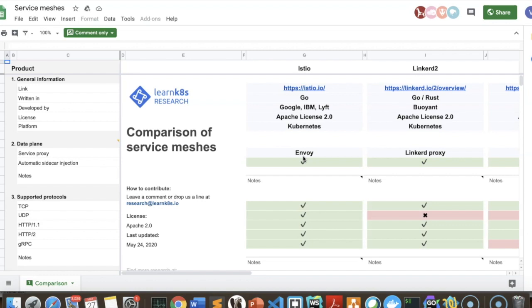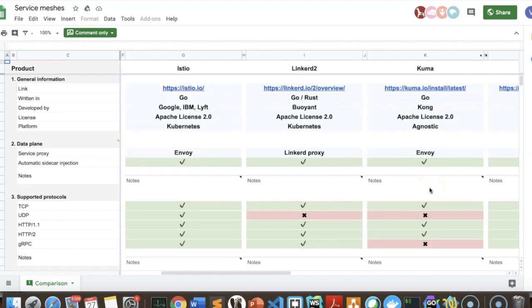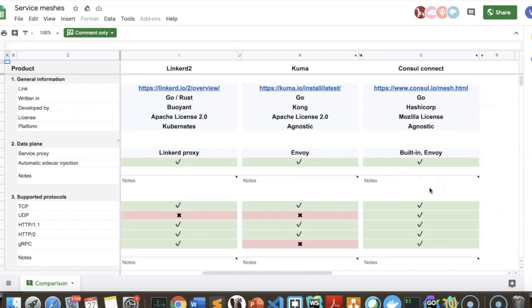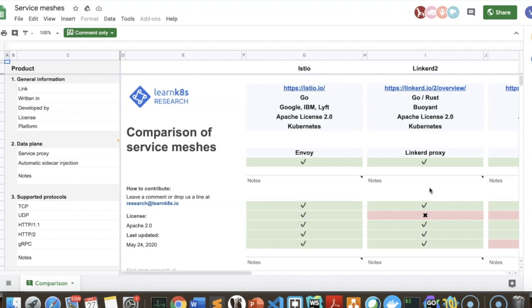It can be hosted in multi-cloud, on-premise and in your cloud. Two of the things I know, I haven't actually gone through Kuma or Linkerd 2. Consul I've gone through, and also Istio.